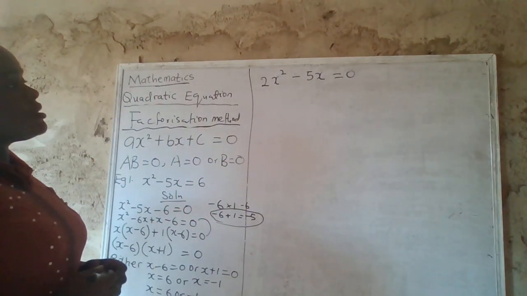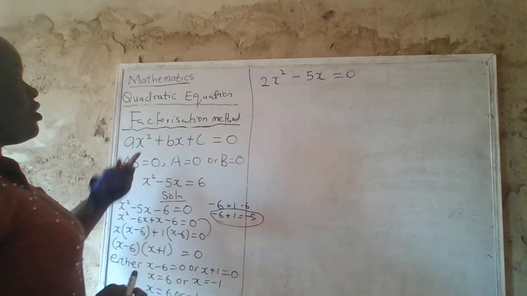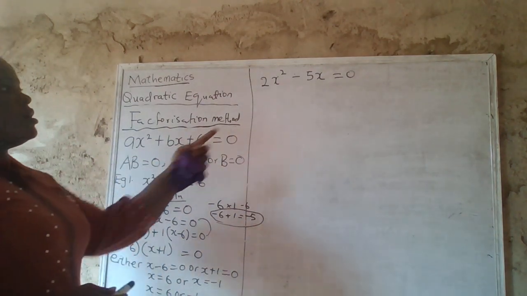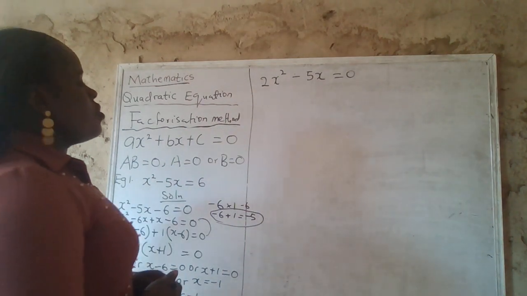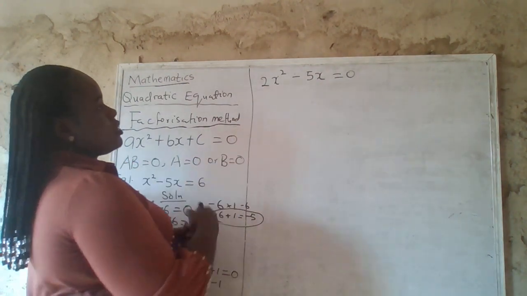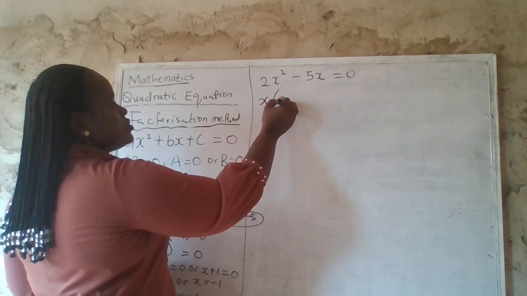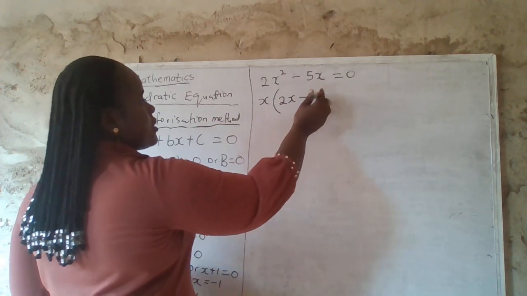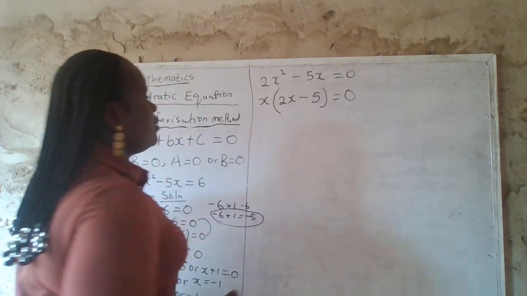Looking at this, we'll discover that it is already in the general form where our c equivalent is 0. So we would continue, we'll factorize. Something is common here. What is common? x. x is here, x is here. So we factorize out x, and we have x(2x minus 5) equals 0.